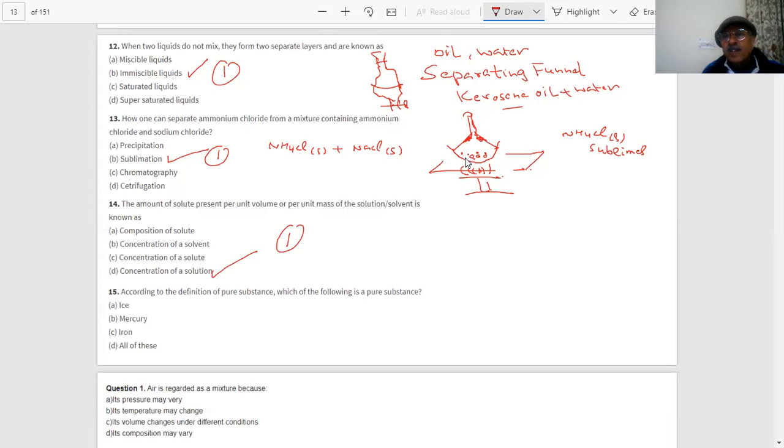Concentration of a solution is expressed by many methods. So how much solute is present in a unit volume or unit mass of the solvent? That is what we call a method to express the concentration of the solution. Okay. Next question on the screen. According to the definition of pure substance, which of the following is a pure substance?